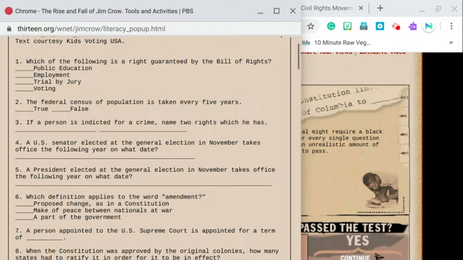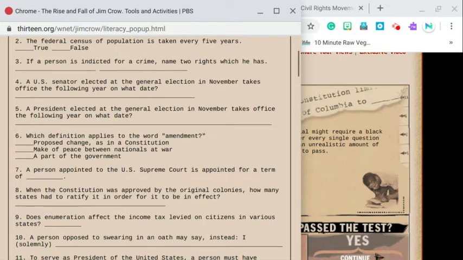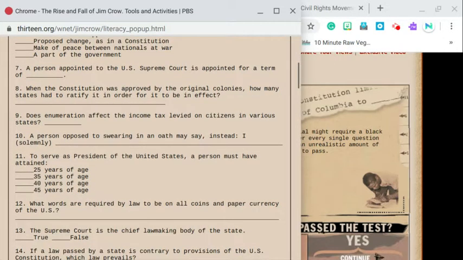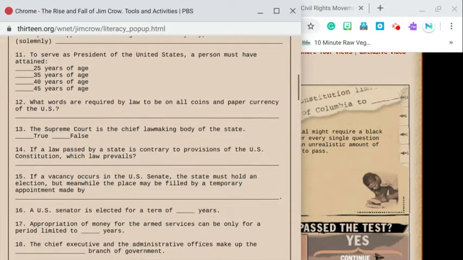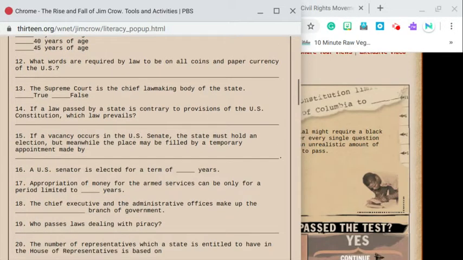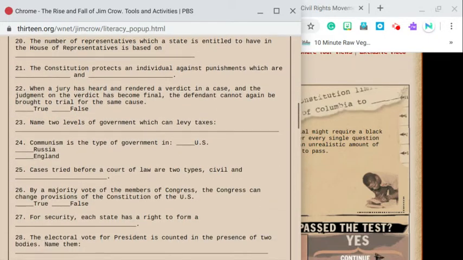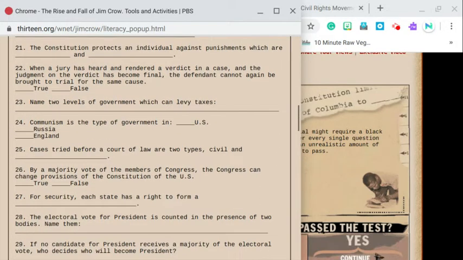So there were many white Americans who couldn't fill this out. Okay. And unless you memorize the Constitution, basically, the questions are quite difficult to answer, especially if someone is illiterate.